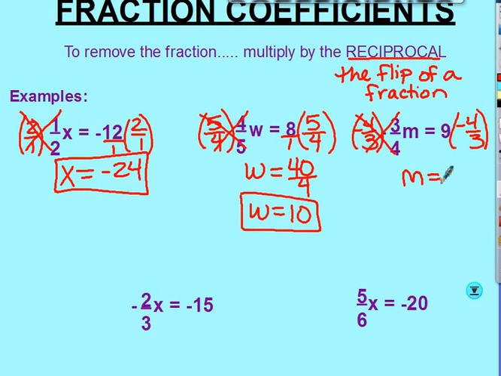Now, I will multiply 9 times negative 4. And I will multiply the invisible 1 times 3. Negative 36 divided by 3 gives you negative 12.